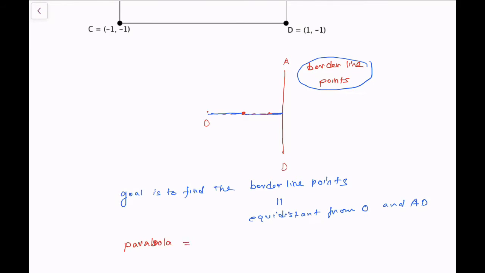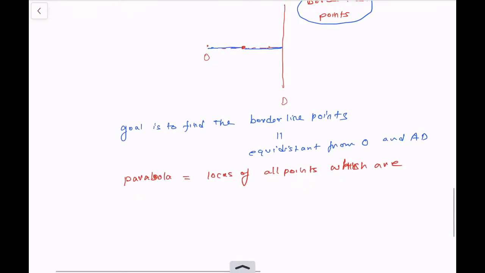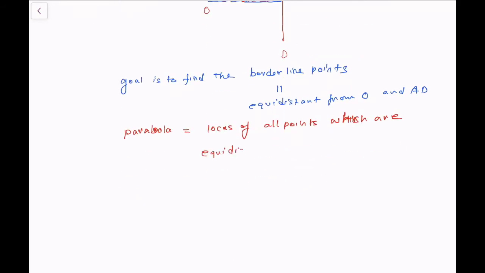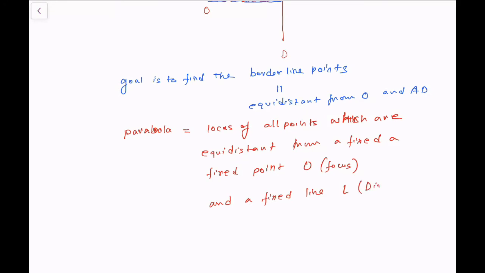A parabola is the locus of all points which are equidistant from a fixed point O, which we often call the focus, and a fixed line L, which is often called the directrix, right?